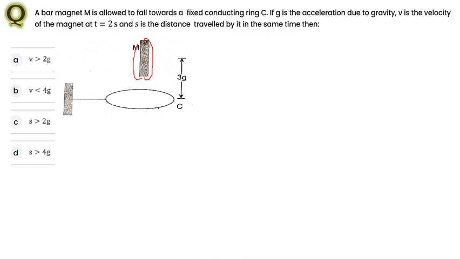Whenever this magnet approaches the ring, the flux keeps changing. The changing magnetic flux will produce a current around this coil. According to Lenz's law, the current produced opposes the motion of the bar magnet towards the coil.